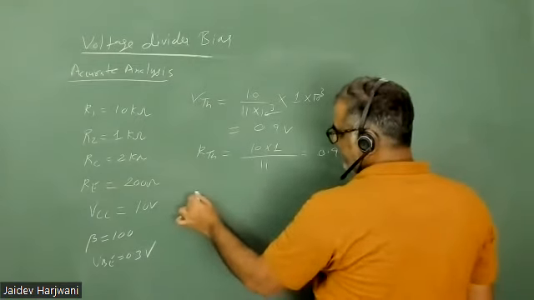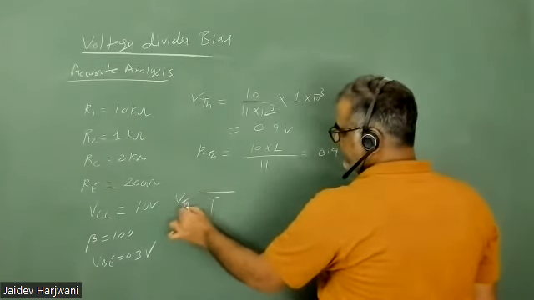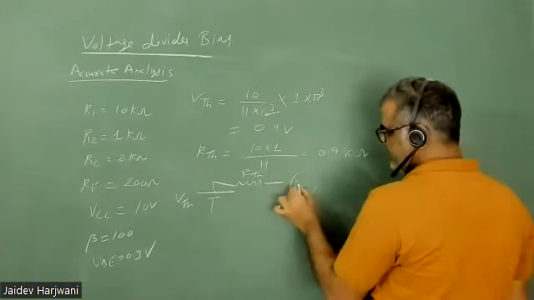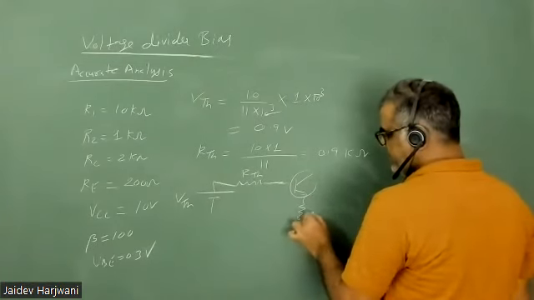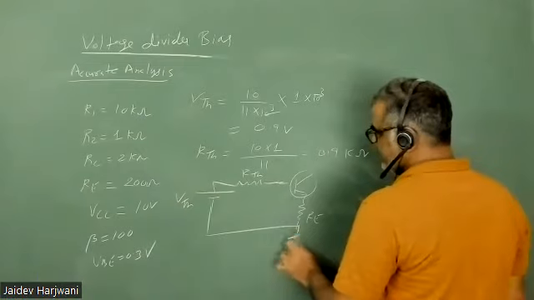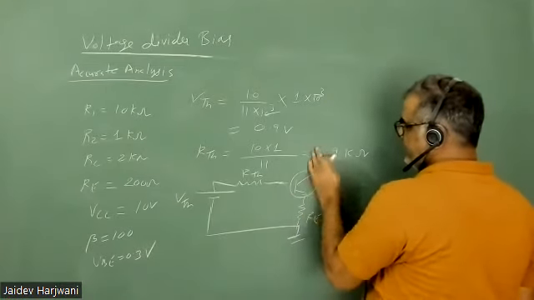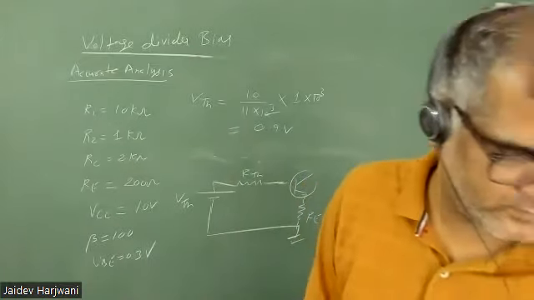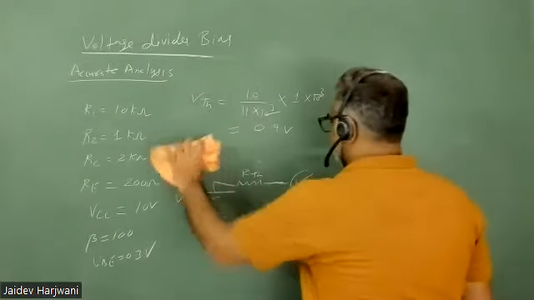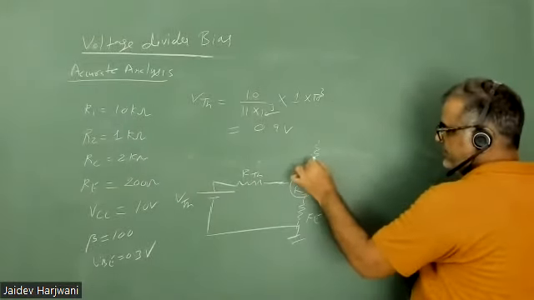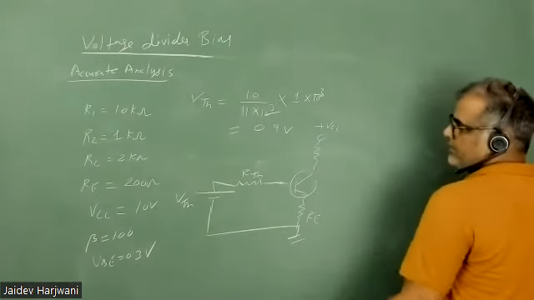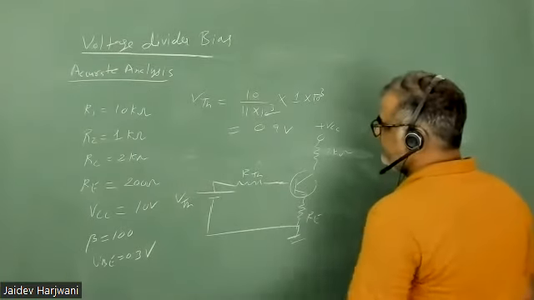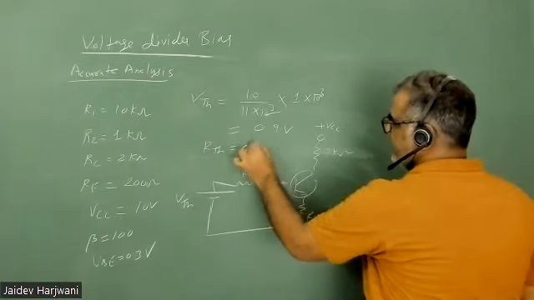Now you can draw the circuit. VThevenin, RThevenin, this is your RE, grounded, and here you have VCC, and RC is 2 kilo ohm, and your RThevenin is 0.9 kilo ohm.